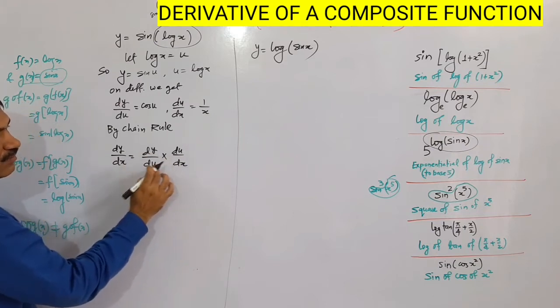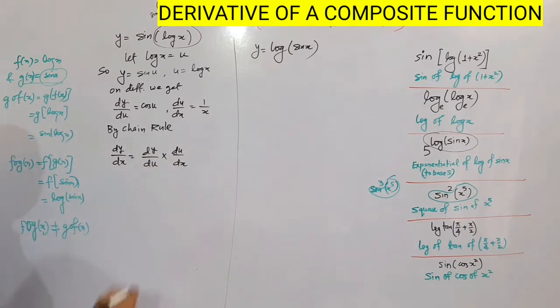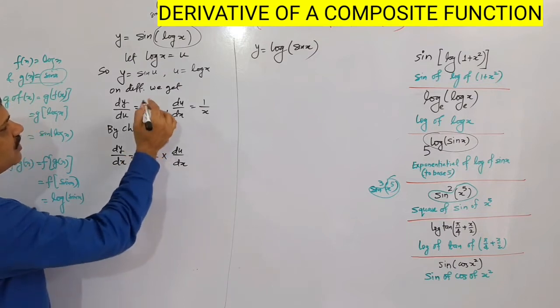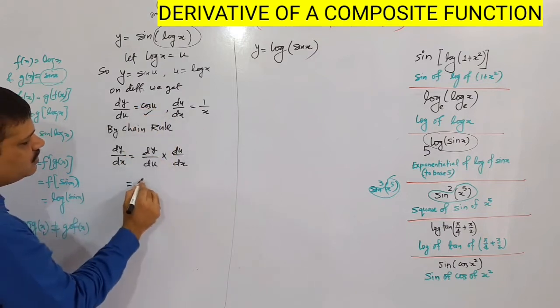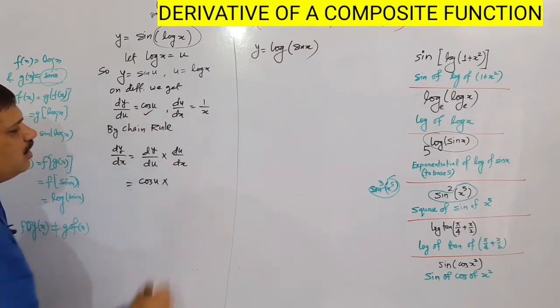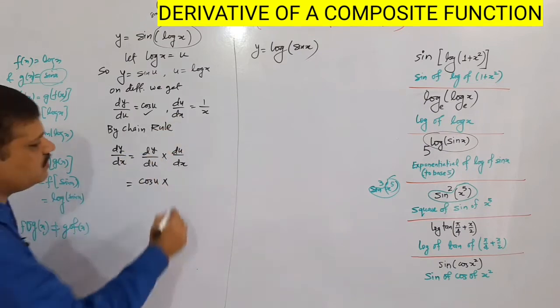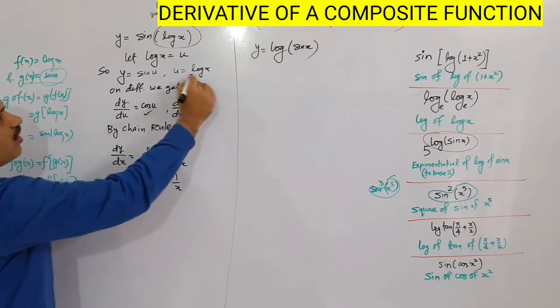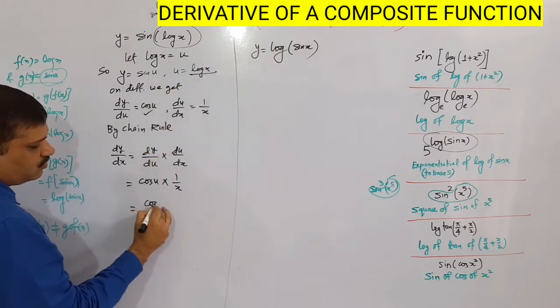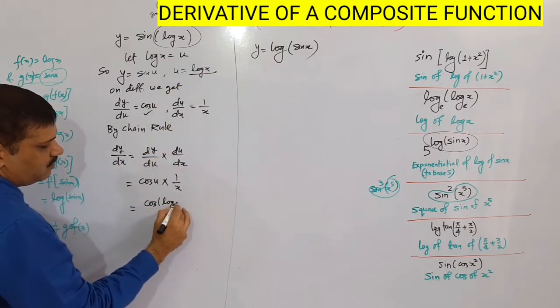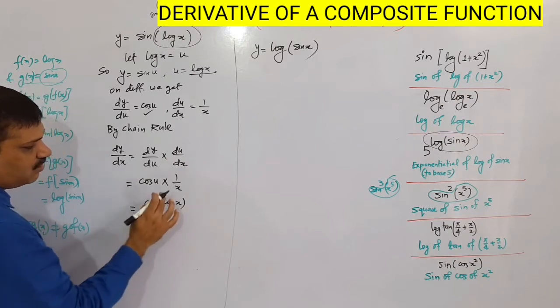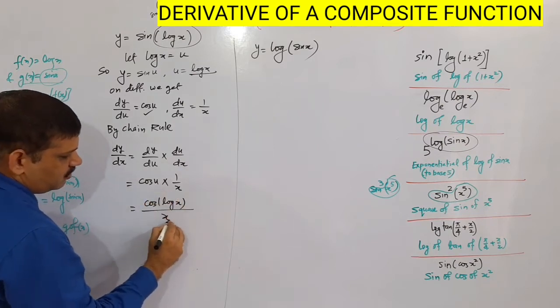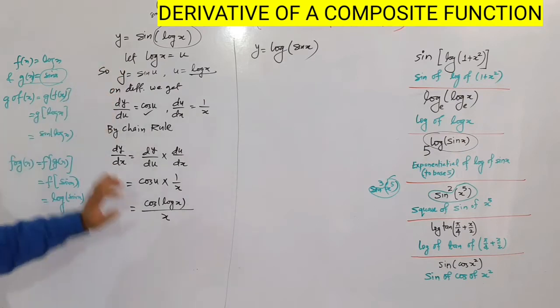So this is dy by dx. Now dy by du is simply cos u, and du by dx is 1 upon x. The value of u is log x. We'll put the value. This becomes cos of log x upon x. So this is the derivative of sine of log x.